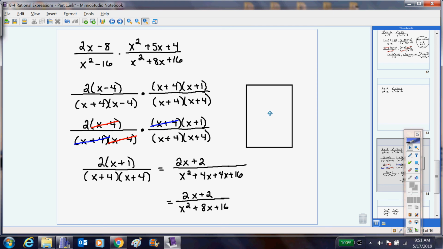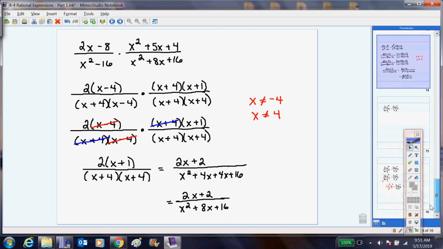X can't equal -4. Anything else? -1 is okay. That's a numerator issue. We can have a negative, we can have a 0 in the numerator, we just can't have it in the denominator. So x can't be -4, x can't be +4.